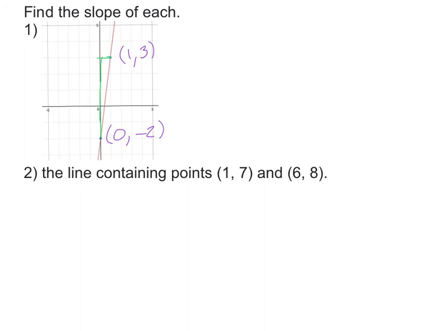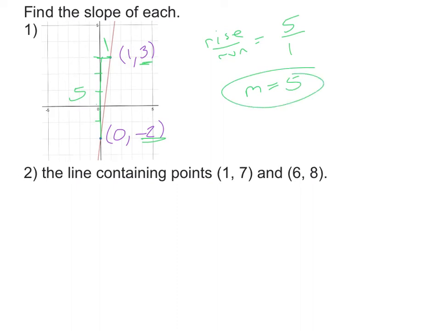Well, if we started down at negative 2 to go up to 3, we have to count 1, 2, 3, 4, 5 spaces. So we went up 5 units. To go from 0 to 1 over, we went 1 unit. So if we're looking at slope as rise over run, we're talking a rise of 5 and a run of 1. And of course we can simplify that to say that our slope is 5.